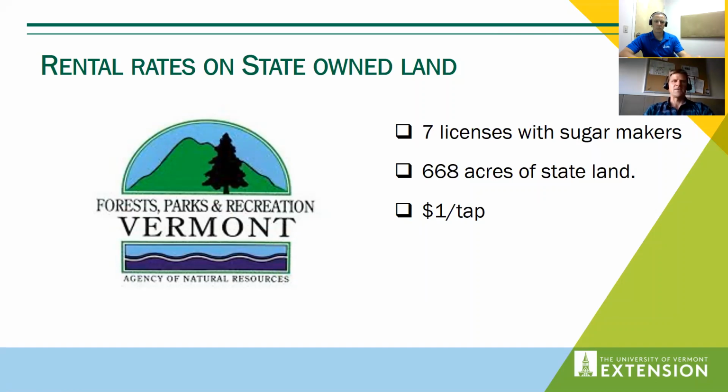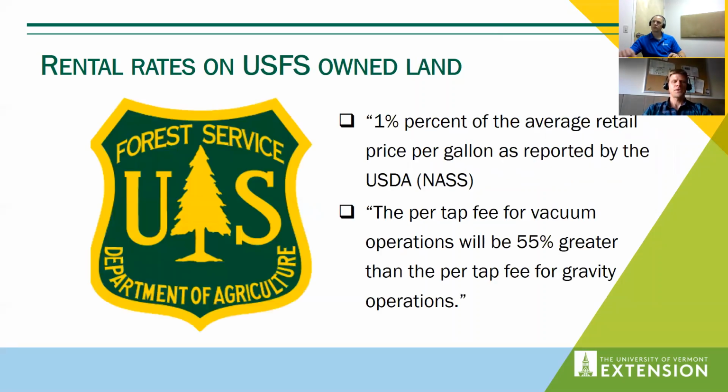It's people at the department as well as sugar makers, and Extension helps and provides some education on that committee as well. The lease rate had been 75 cents, and just this past year has bumped up to $1. So that's a new thing.